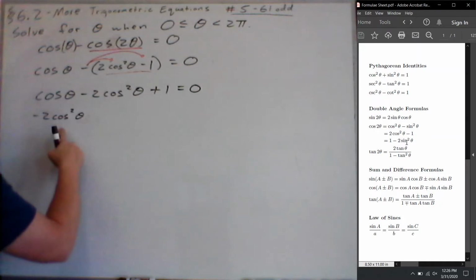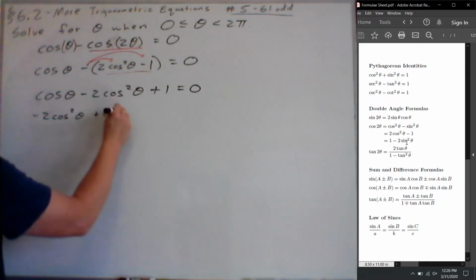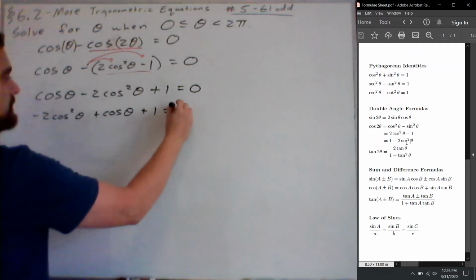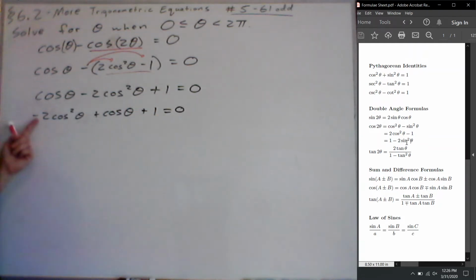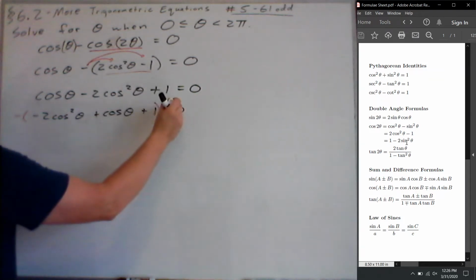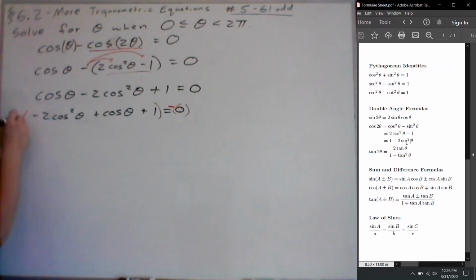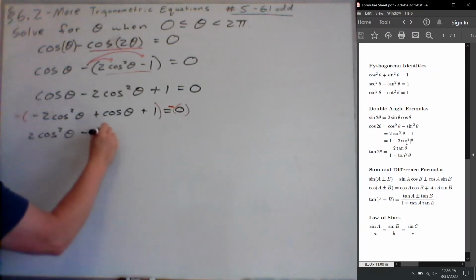Negative 2 cosine squared of theta plus cosine of theta plus 1 equals 0. Now the negative is kind of just odd. I don't really like the negative sitting there. So I'll multiply both sides by a negative 1. That'll get me to positive 2 cosine squared of theta minus cosine of theta.